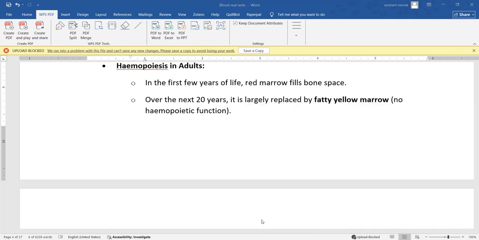We have two types of marrow in your bones: the red marrow and the yellow marrow. I told you, if you check long bones, in the diaphysis of long bones, what do you have there, red marrow or yellow marrow? Let me quickly check you guys out.